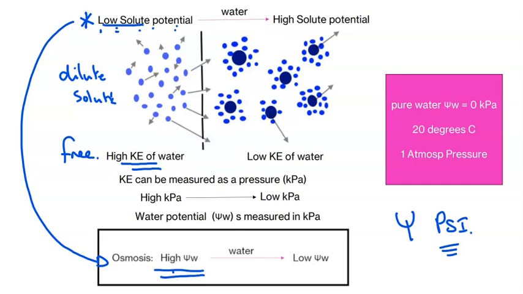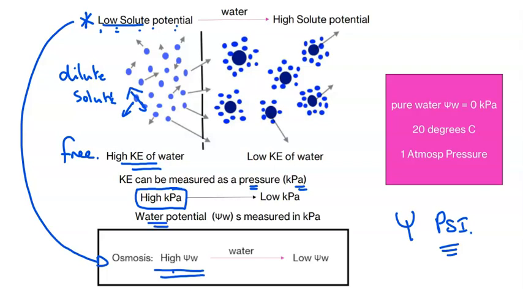Now we can measure that kinetic energy in terms of a pressure, and there we would look at what are known as pascals or kilopascals in this case. So where we've got lots of water molecules with lots of kinetic energy, having lots of collisions with each other and with the container, we would say that there's a high pressure, there's a high kilopascals, there's a high water potential.